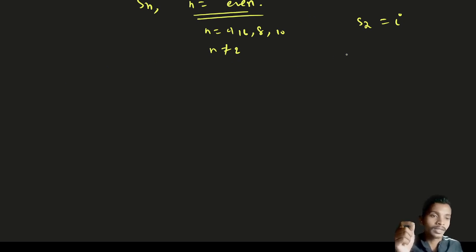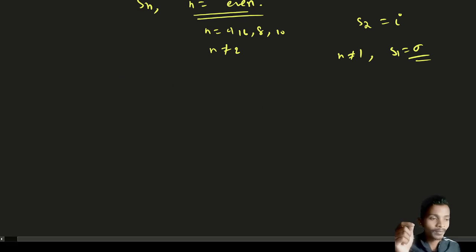And for the odd case, n can't be 1 because S1 is sigma. That we will discuss. So n can be 4, 6, 8 and 10. Let's say for S6, if I talk about S6, then this can be written as S6.